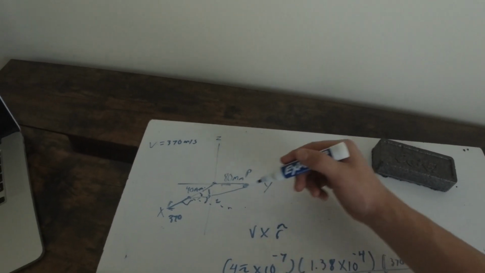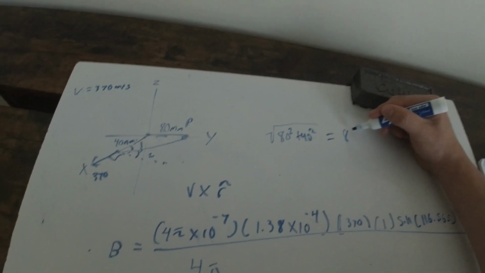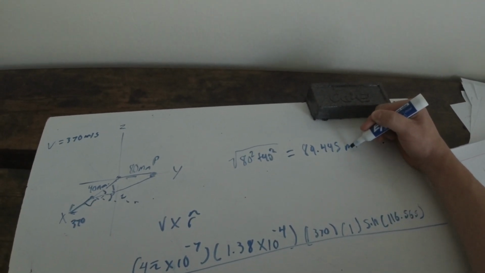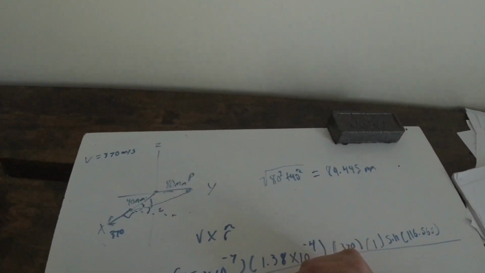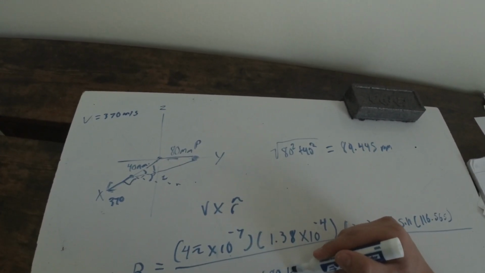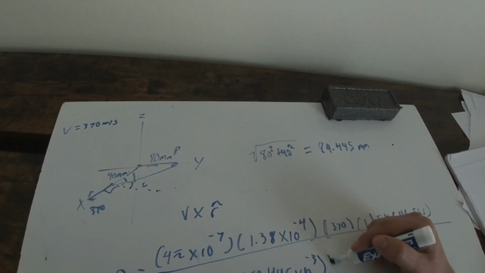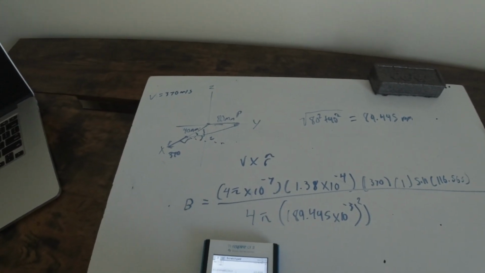So r squared we find by the Pythagorean theorem, 89.445 millimeters. So 4 pi times 89.445 times 10 to the -3 squared. And this should give us our equation.